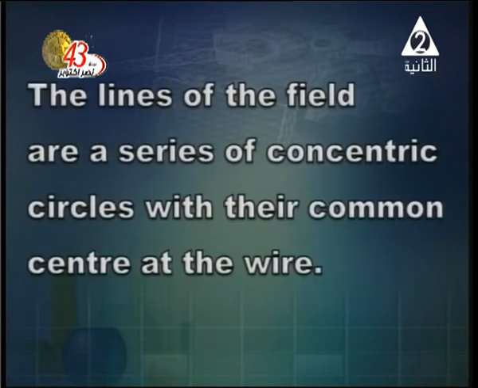The lines of the field are a series of concentric circles. Concentric means they've got a common center, and the center is the wire itself. So the lines of the field are a series of concentric circles with their common center at the wire.